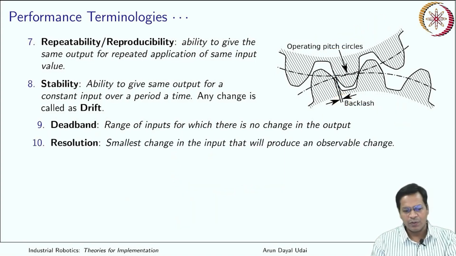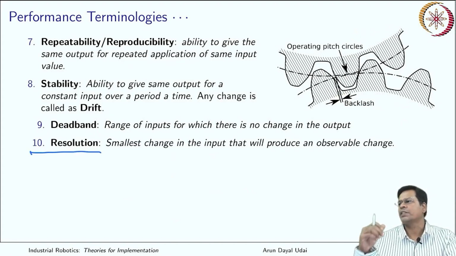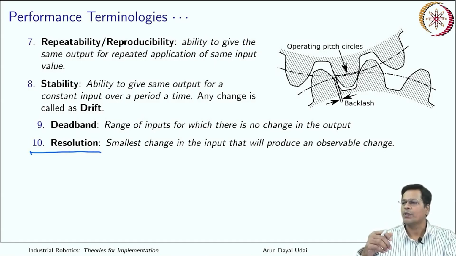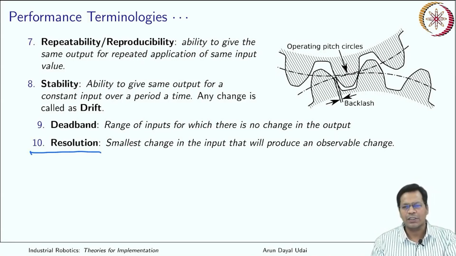So yes, and then you have resolution. It is the smallest change in input that will produce an observable change in the output. Okay. So again, your device may have an analog to digital converter. So that has further resolved your voltage into digital values.